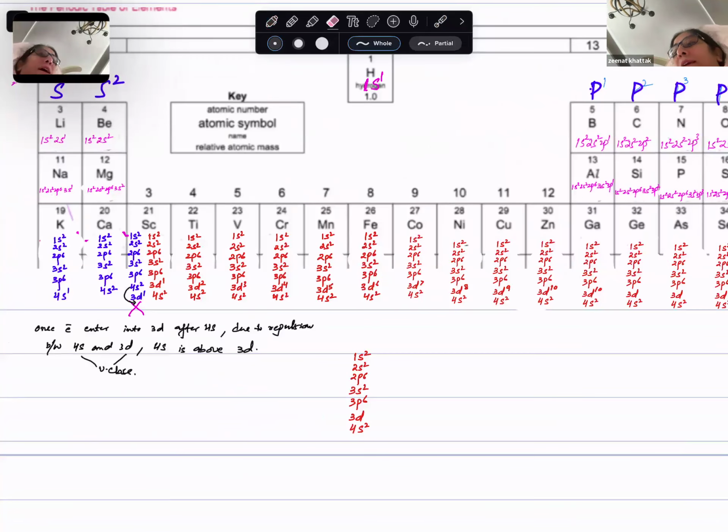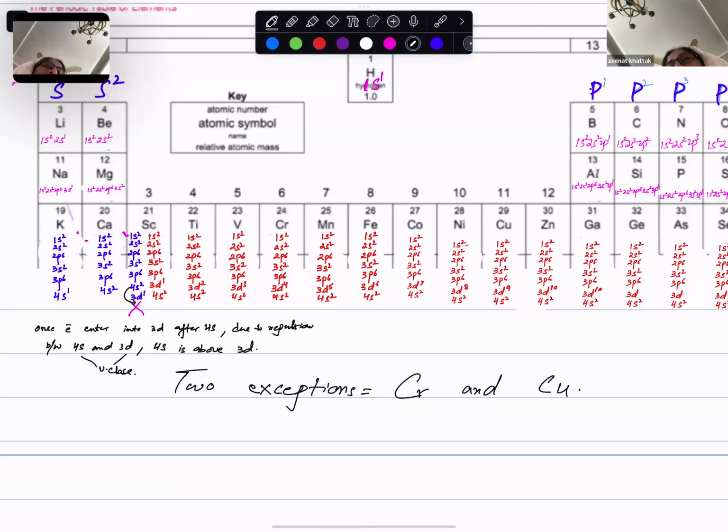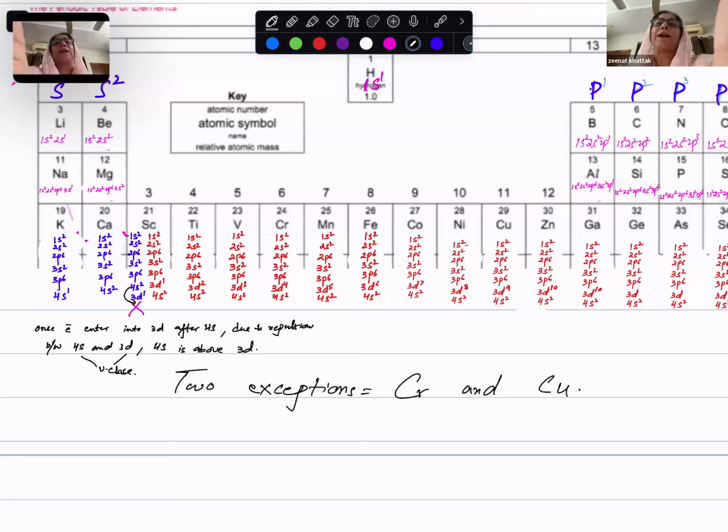Again, there are two exceptions. And the two exceptions are chromium and copper. We explain it on the basis of stability. But look, I can explain. We are going to explain, but this explanation is not in your course.